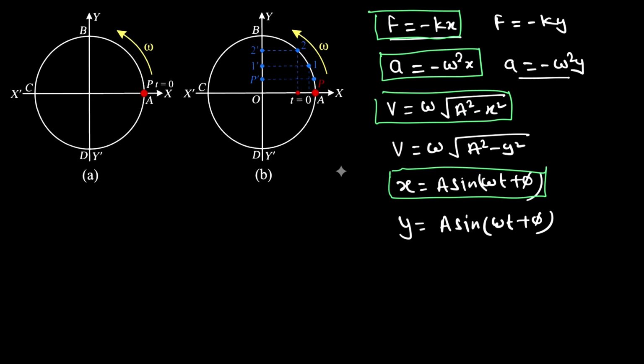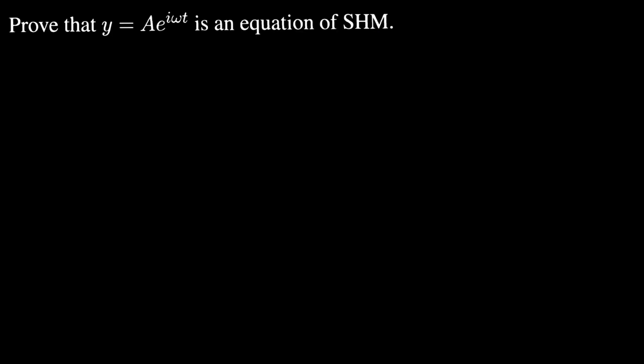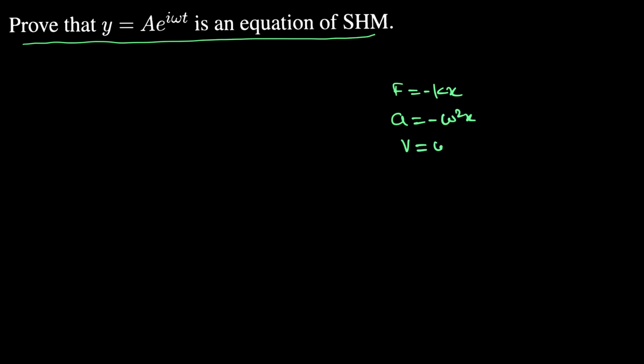Now, to better understand this, I have to prove that this one is simple harmonic motion. To prove that, it should satisfy one of these equations: either this equation, or this one, or v equals omega under root a square minus x square, or x is equal to a sine omega t plus phi.